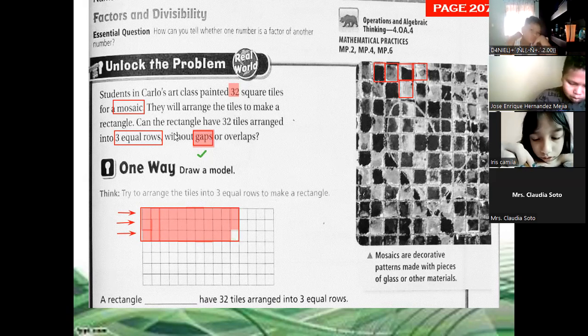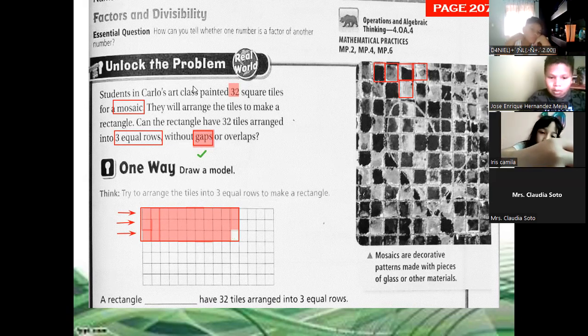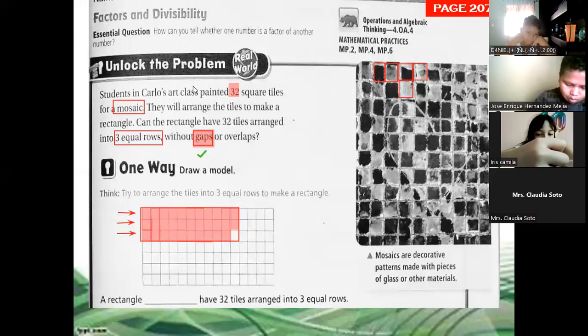So the question again, can the rectangle have 32 tiles arranged into 3 equal rows without gaps? Yes or no, guys? Yes. Yeah, I don't have gaps in this model. You have one gap.